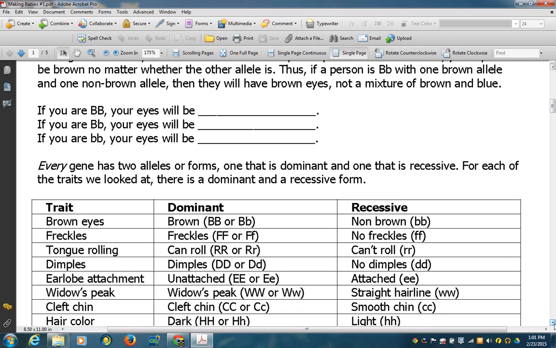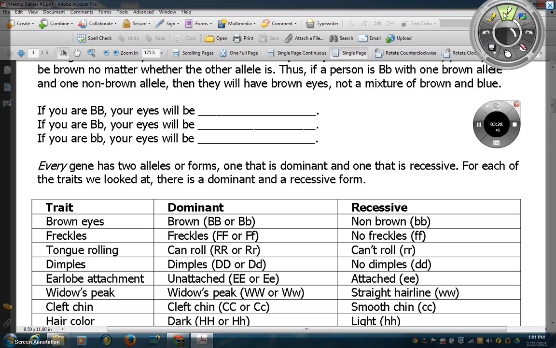So, this next one I'm asking you to give me, what is it going to look like? Remember, I'm given letters here. The letters are the genotype. The actual words are the phenotype.